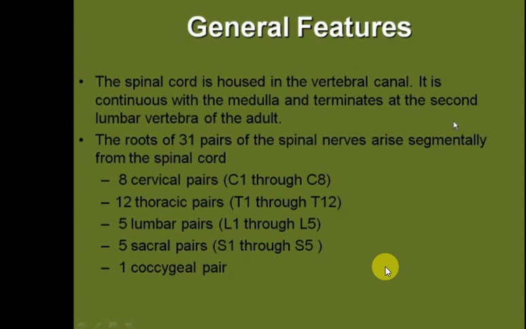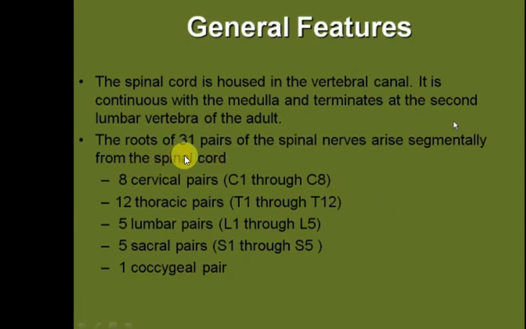When the medulla crosses the foramen magnum, it becomes the spinal cord, and it terminates at the second lumbar vertebra of the adult spinal column in the adult, and that part which tapers towards the lumbar 2 (L2) vertebra is known as the conus medullaris.